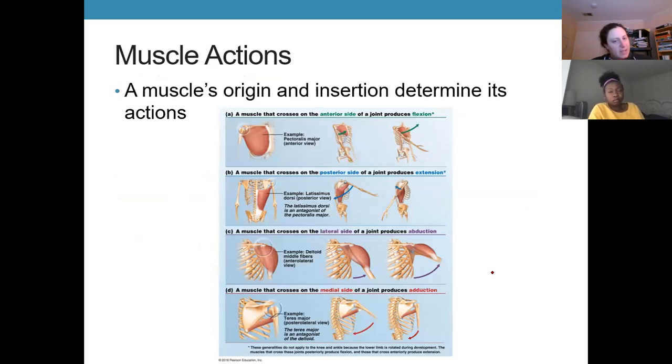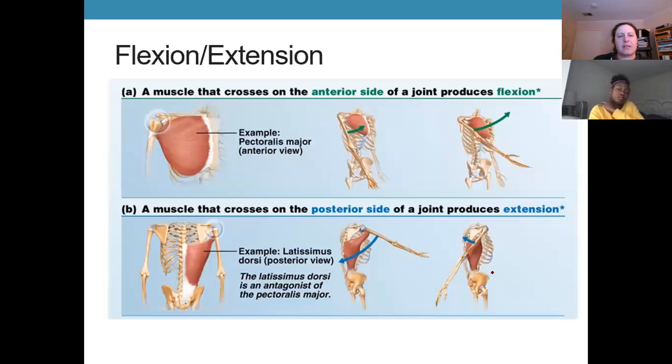So one advantage of this is that muscles' actions can be predicted based on their location. Where they attach across a joint will typically determine their actions, especially when they're being the primary mover.